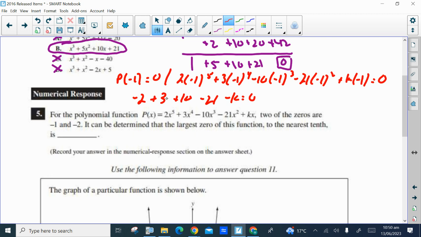Negative 2 plus 3 is 1, plus 10 is 11, minus 21 is negative 10, minus k equals 0. And so k equals 10.